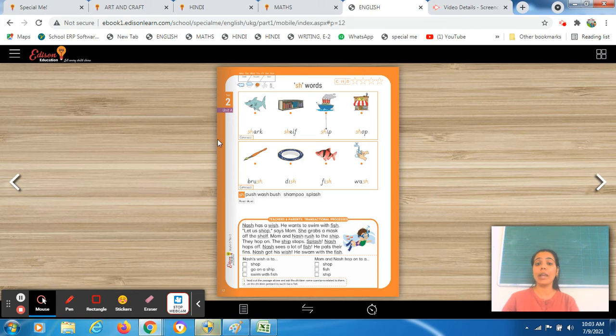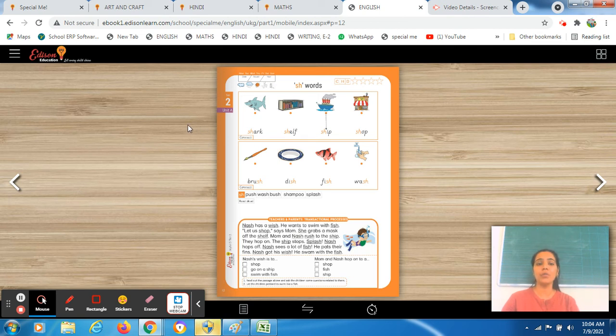Ma'am, sh. Very good. Okay, students, can you please tell me if I put SH in the beginning, what is the sound? Ma'am, sh. And if I put the same SH blend in the end of any word, is the sound same or is it changed? No, ma'am, the sound is same. Yes, that is very good.